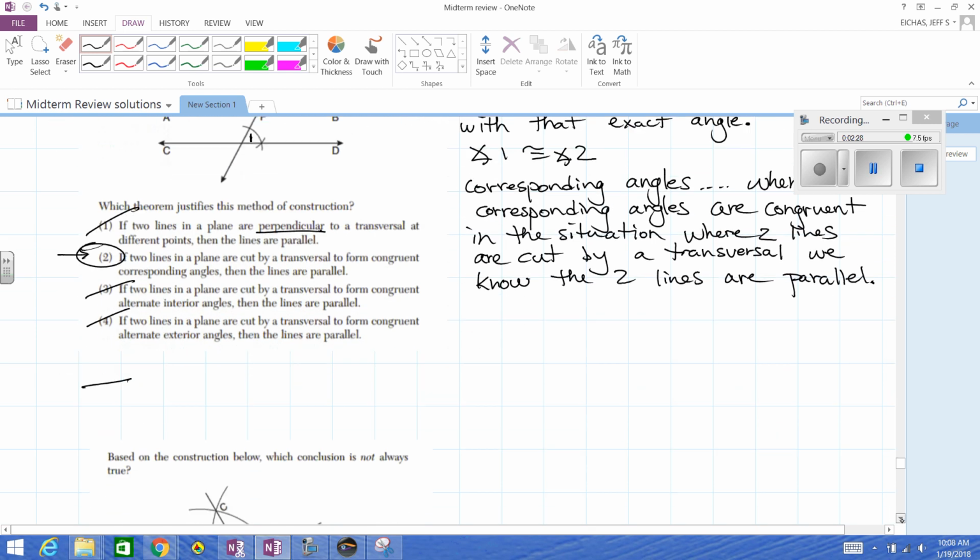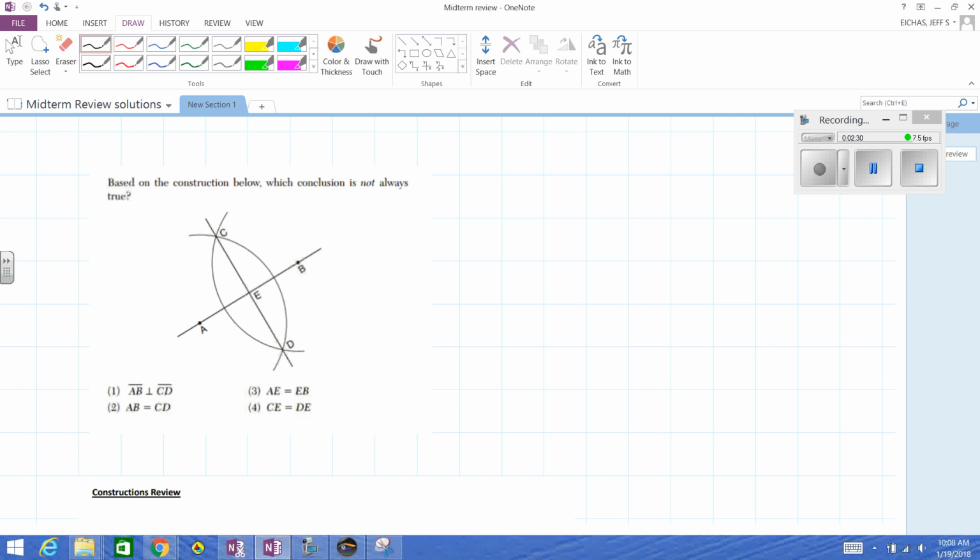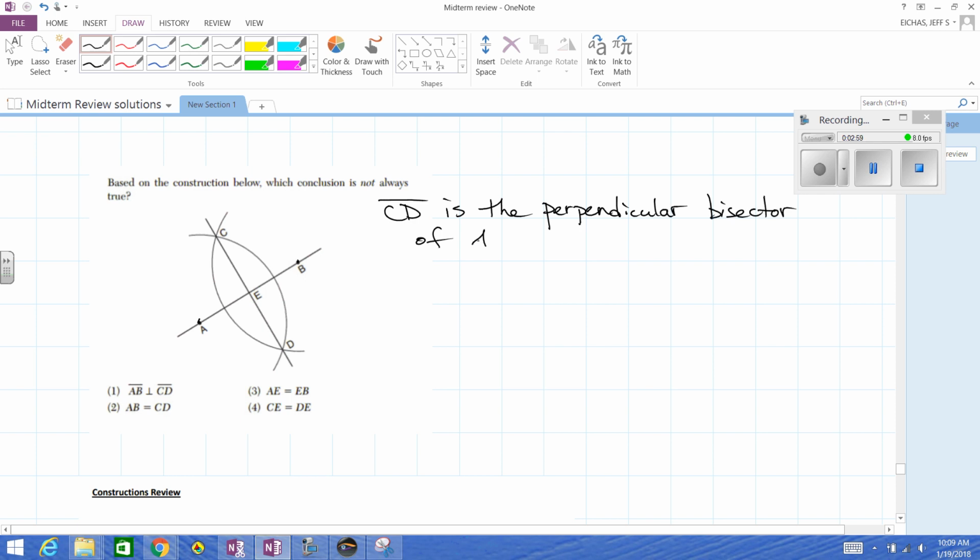So good. All right, for this one, it is the construction of a perpendicular bisector. Based on the construction marks, what it looks like is they drew a circle centered at B, and it hopefully is the same size circle centered at A. All right, assuming these are the same size circle, CD is the perpendicular bisector of AB.